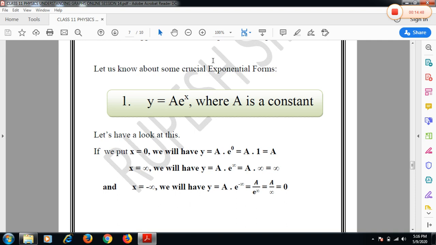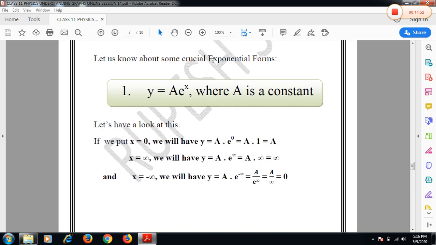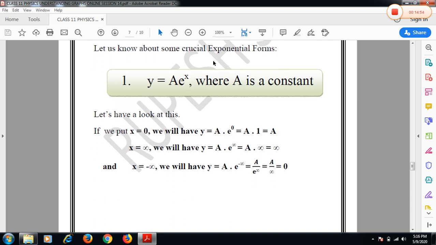We'll be implementing critical point analysis over here. So, we'll put different points on the x-axis and we'll have the corresponding y-axis values, that is ordinate values, right? So let us first put x equals 0 here. So what do we have? y equals a into e to the power 0 equals a into 1 equals a.